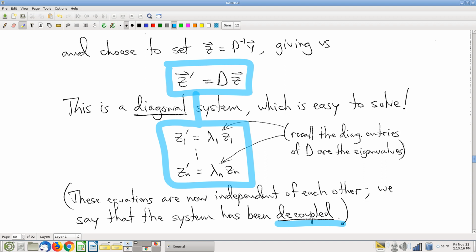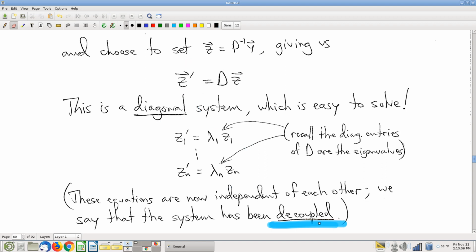We've combed through all the knots, and we have a bunch of independent, unrelated equations. I can solve Z1 without giving a second's thought to Z2. And vice versa. So the term people use is the system's been decoupled, and that's kind of the motivation for that terminology.